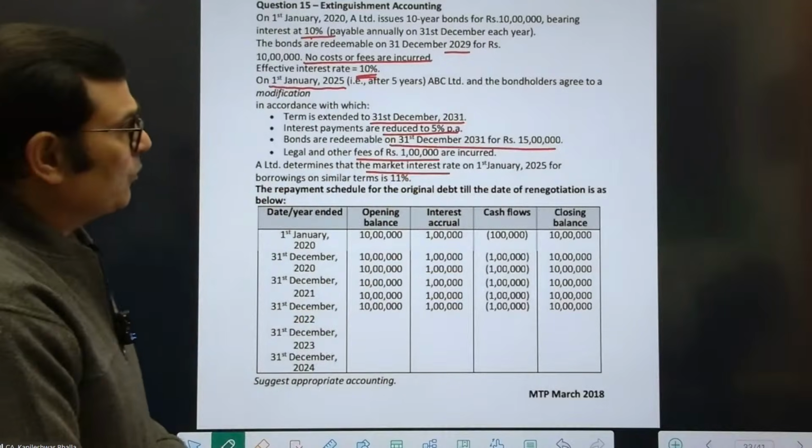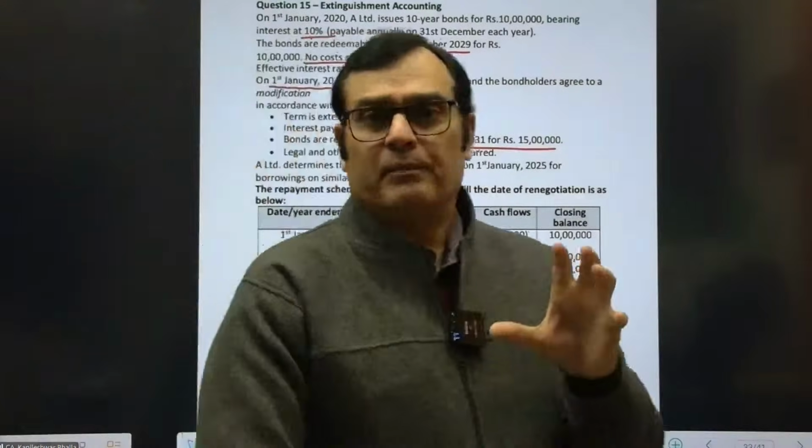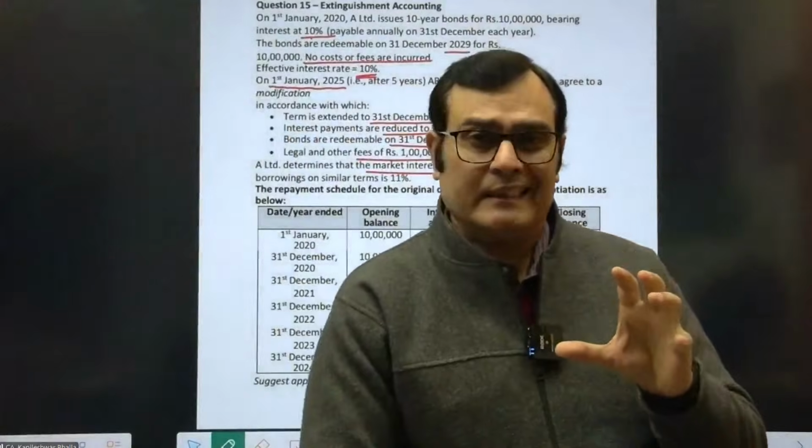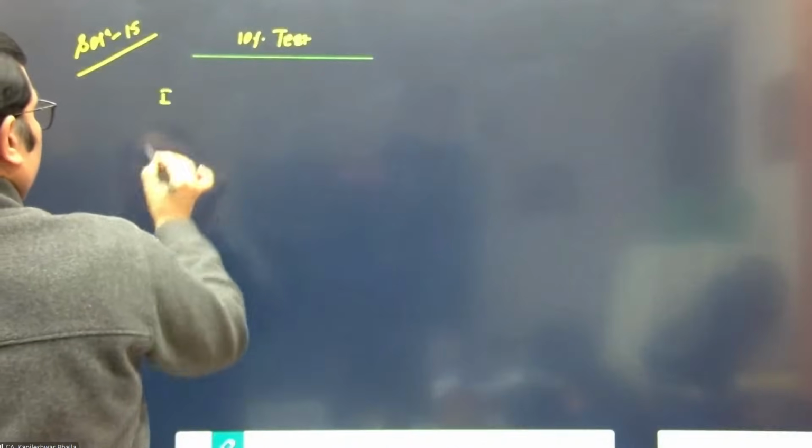Okay, so I think what we need to do at the first instance is apply a 10% test and then decide the inputs. So solution 15. In this particular case, first of all, apply the 10% test. In terms of the 10% test, we've got step 1, step 2, and step 3.